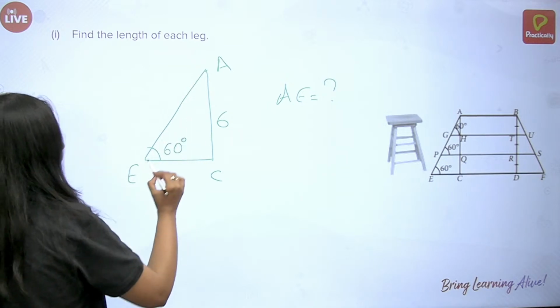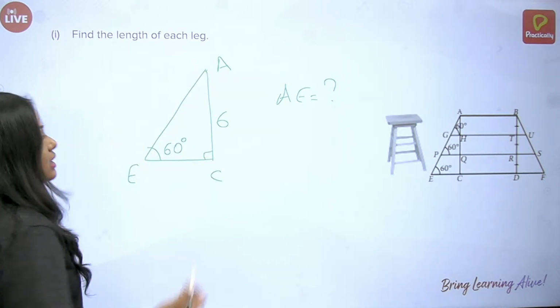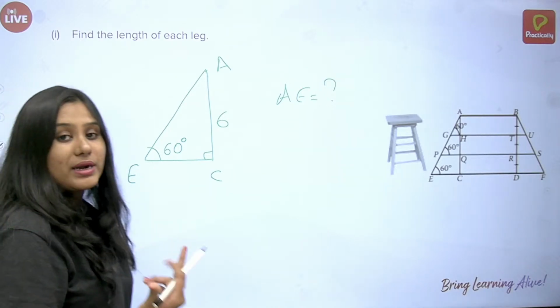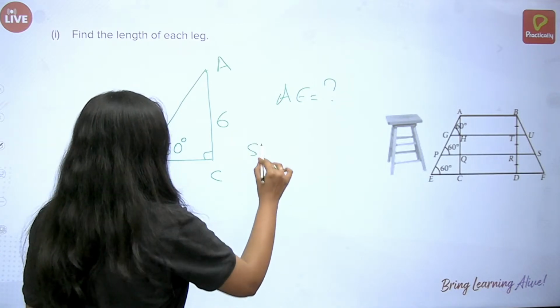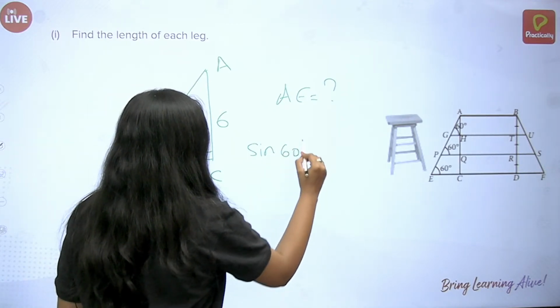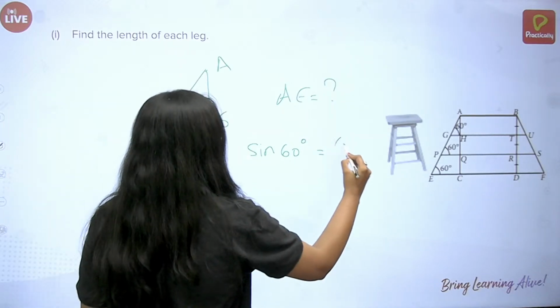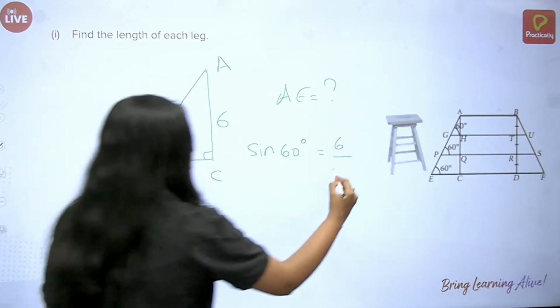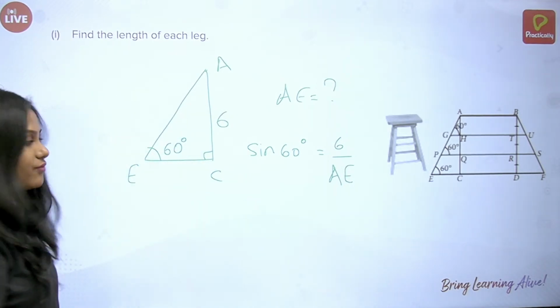By the time, I'll start doing it. So, I have the opposite side. I want the hypotenuse. Correct? So, what trigonometric ratio should I use? Sine, right? So, sine 60 degrees is equal to opposite by hypotenuse. So, 6 by AE. And that is the value we want. Correct? We want the value of AE only.